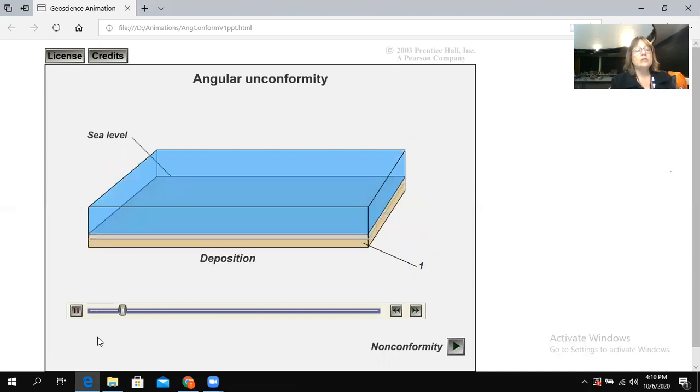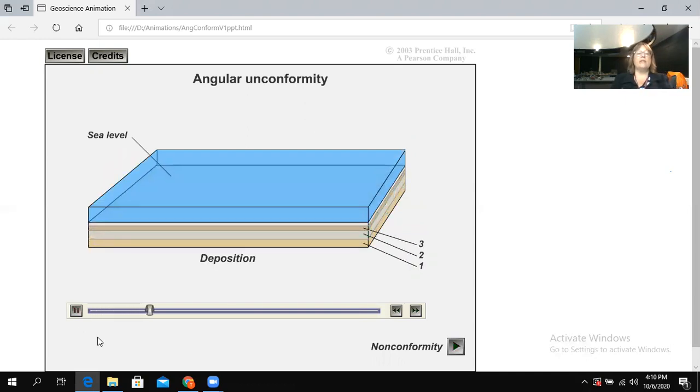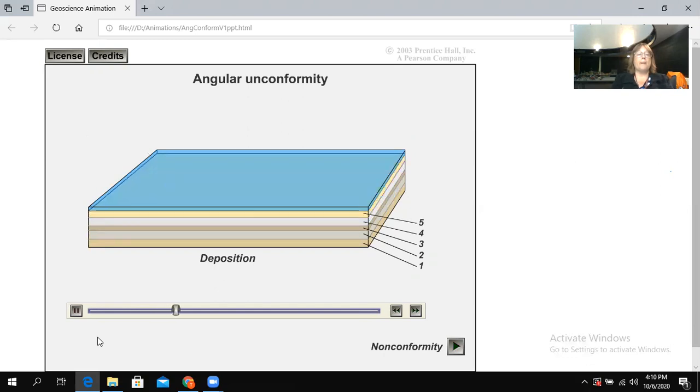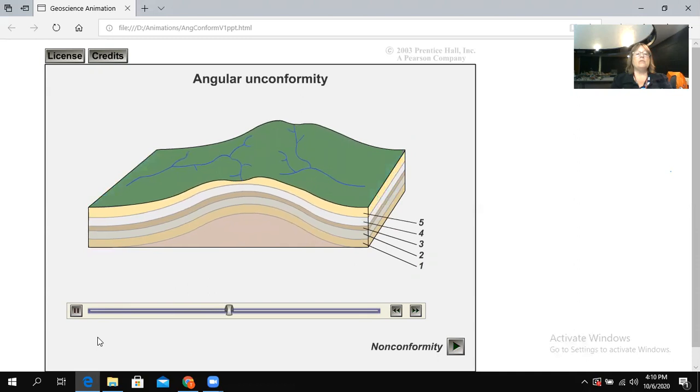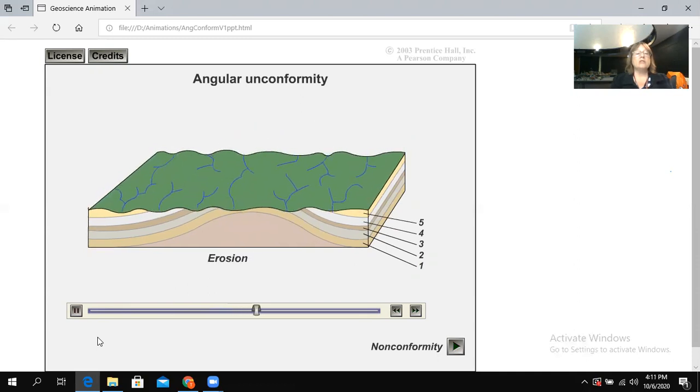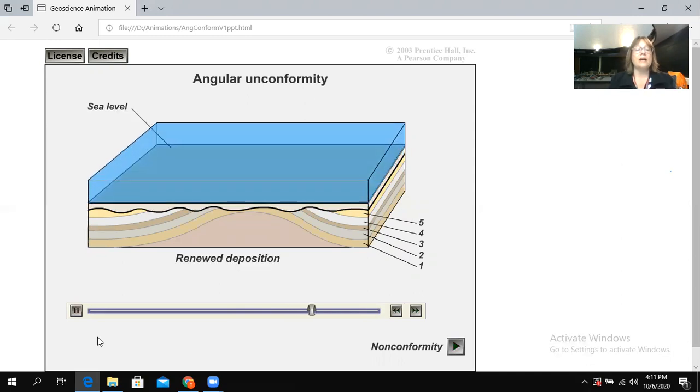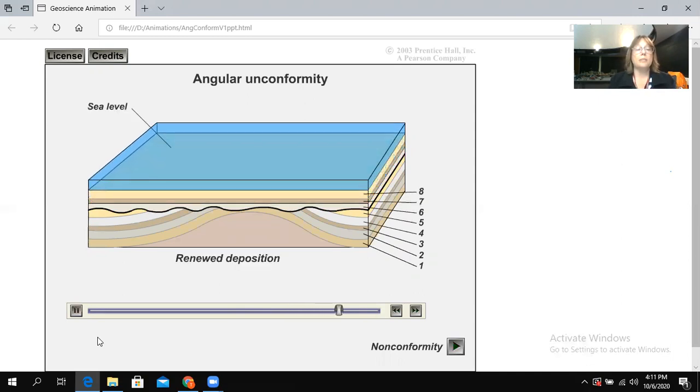Okay, so there's our layers, and then we have uplift, which raises it above the ocean, and then erosion wears the land down, and then the ocean comes back in and new layers are deposited on top.